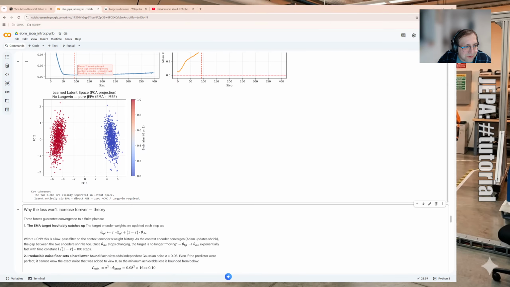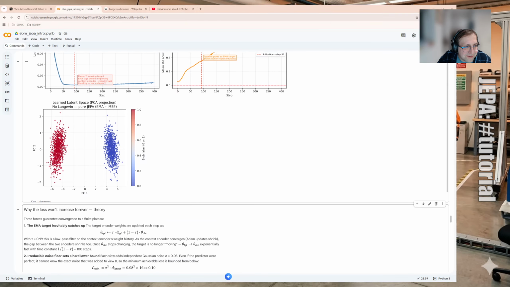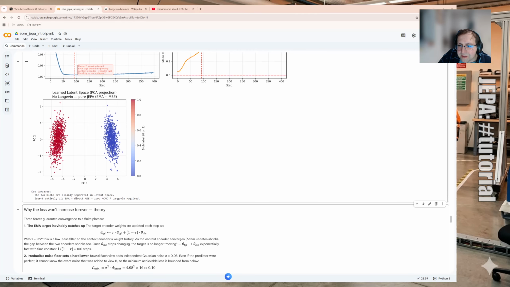Well, you can do our good old friend, the PCA projection, which is, once again, just the pure JEPA. It's the payoff. So even though labels were never provided, the learned latent space cleanly separates these two blobs, right?